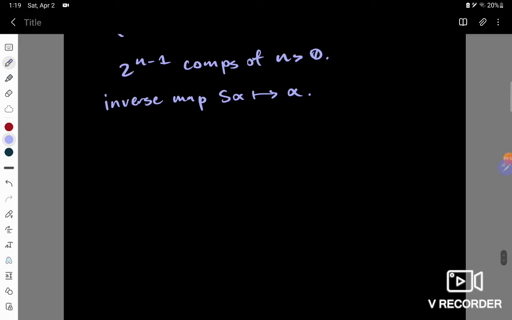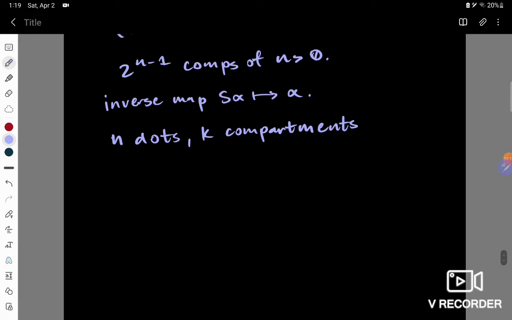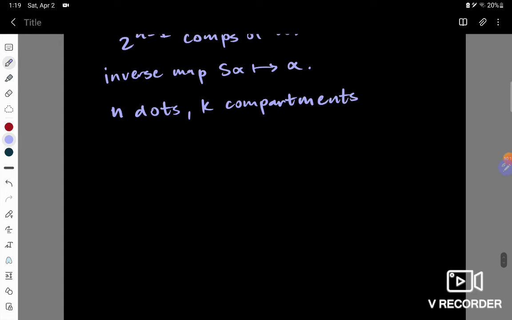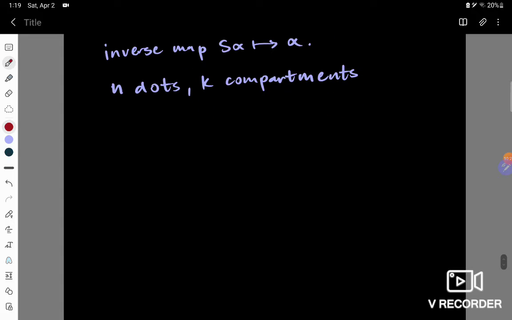We want to draw n dots, and we want to draw k compartments, let's say. First I'll just draw out an example, and then I will explain why this actually represents this bijection. Let me do this in a different color now.